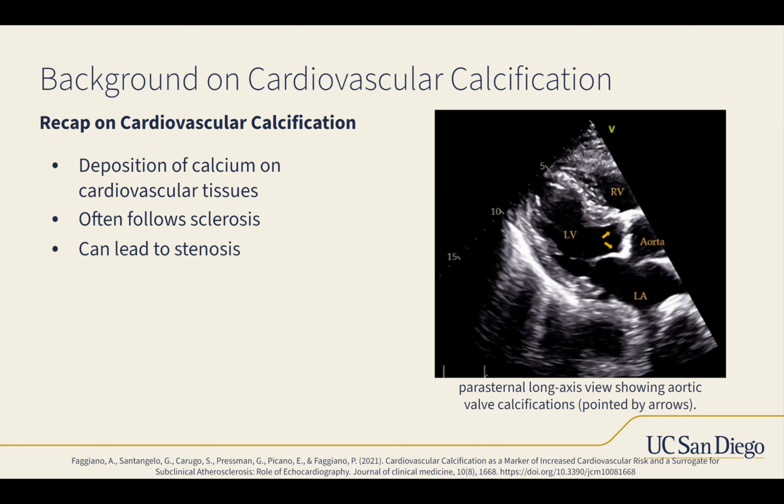Usually before this happens, there is fibrosis and stiffening of the tissues, due to fibrosis or other sorts of chronic inflammation. Once you reach the stage of calcification, it could lead to more serious complications such as stenosis, or the valve would just stop moving. It doesn't close anymore.